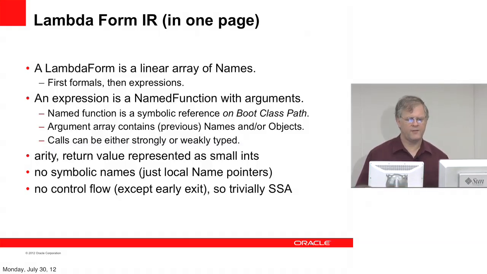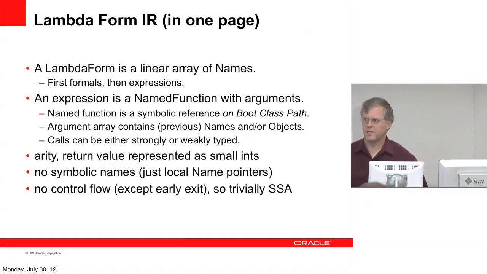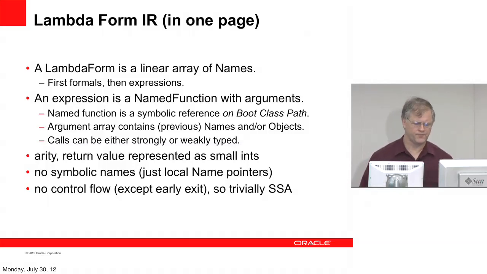The only other thing you have in the Lambda form are an arity, which is actually redundant with the number of non-expressions at the front, and also a return value, which is usually just a reference to the last expression, but it could be the next to last or something like that. There's no naming, there's no symbol table, there's no lookup. It's all small integers.